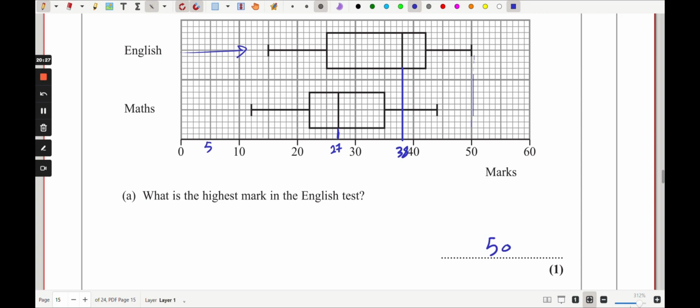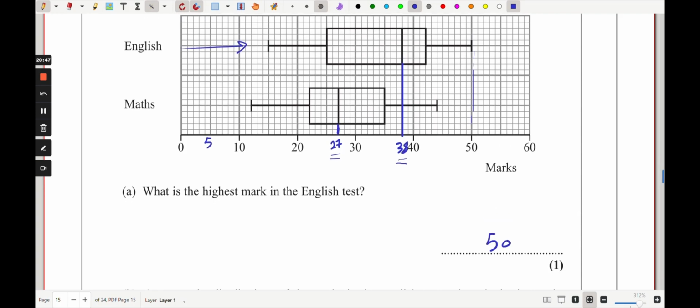Since the median for English is 38 and for math is 27, this is how we can compare.